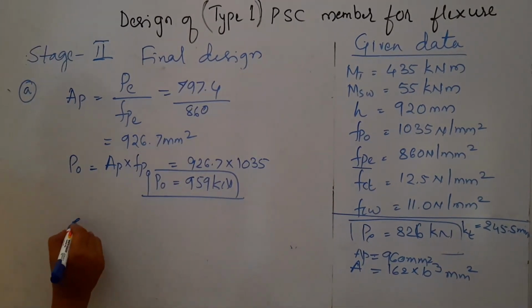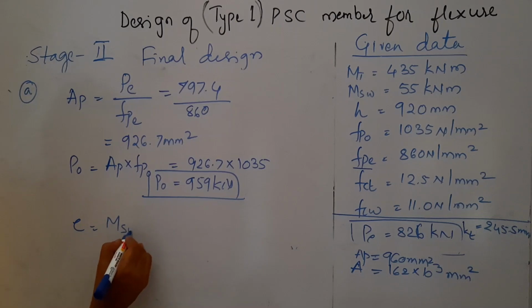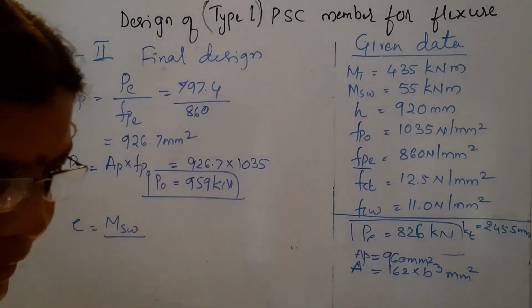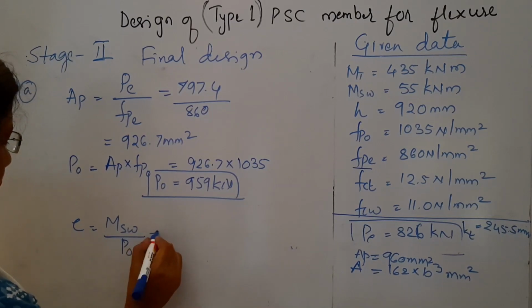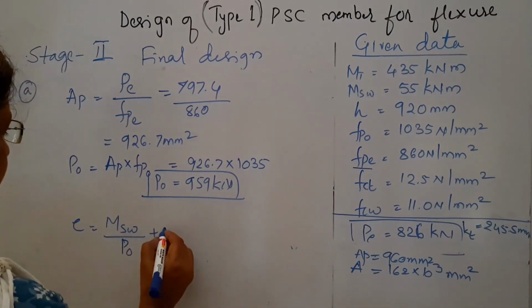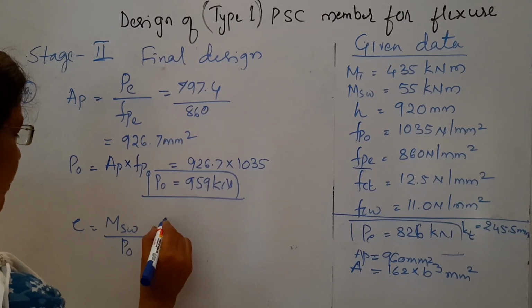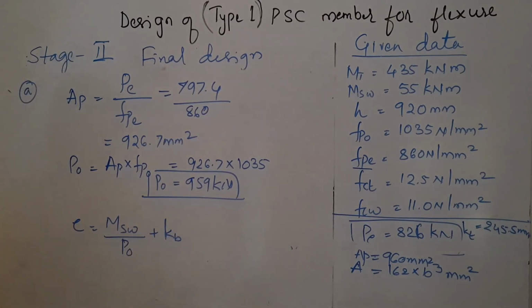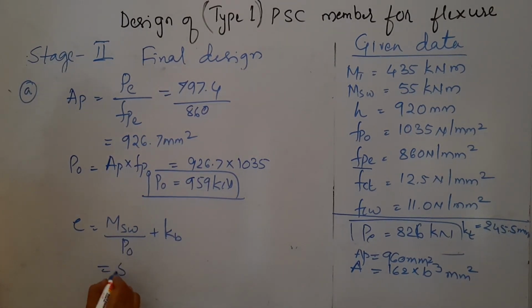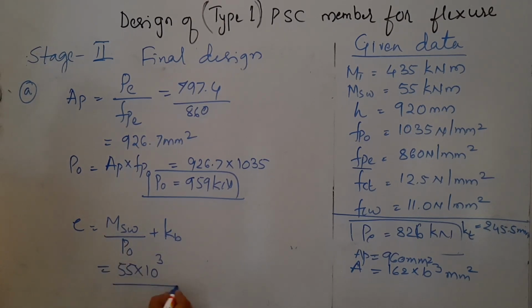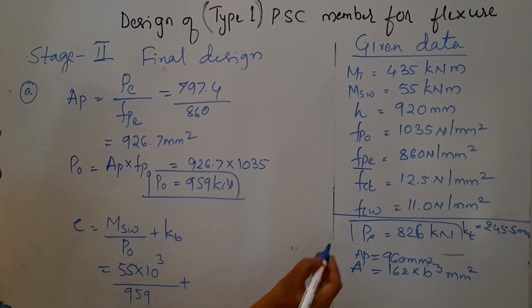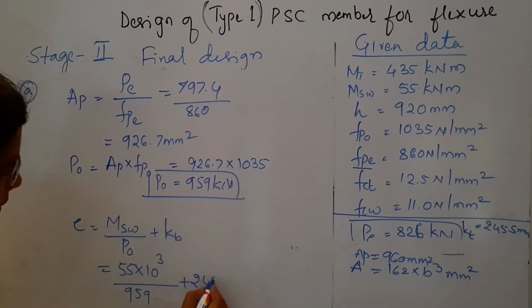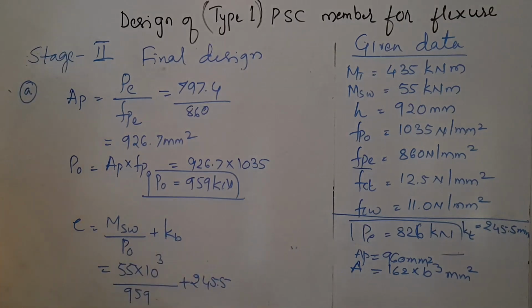And eccentricity is equal to MSW, self weight, divided by P0 plus kb. This is equal to 55 kilonewton meter. Convert meter into millimeters. P0 is already 959 plus 245.5 is the current points.